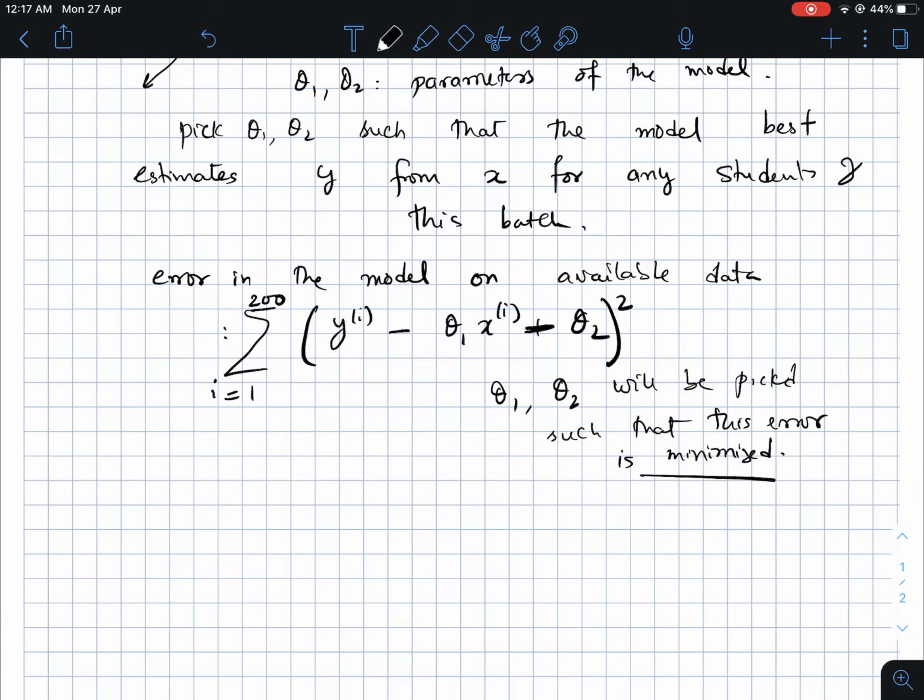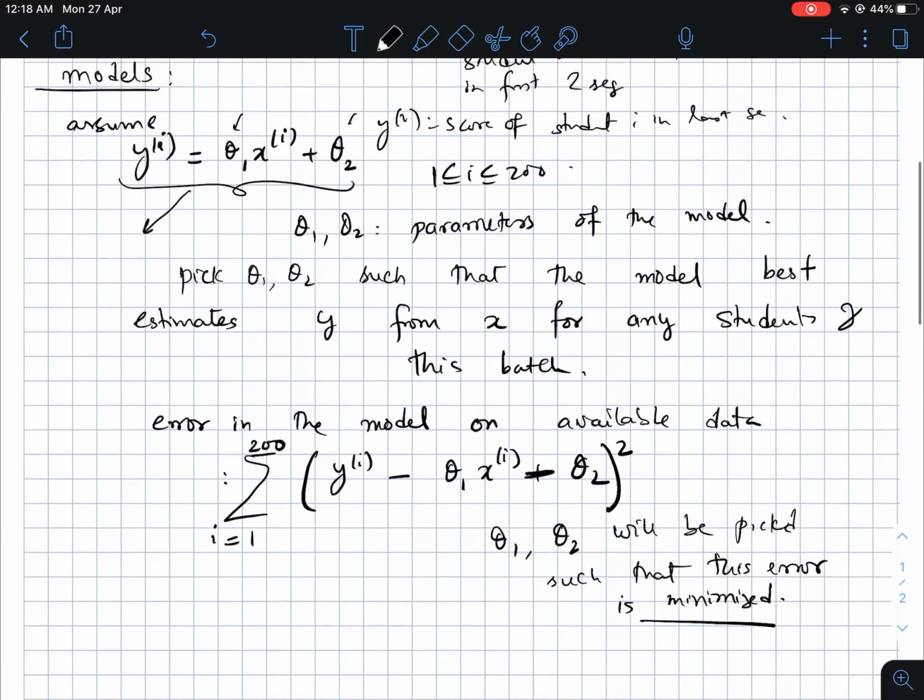In particular, I'm making an assumption that the students of this batch are going to be very similar to students in the previous batch, on a variety of things. If I am able to find theta 1 and theta 2 such that the error of the model for students of the previous batch is minimized, that also means that the error in the current batch is minimized.